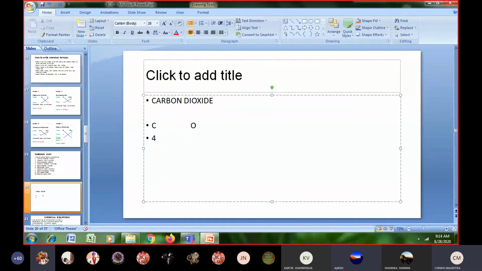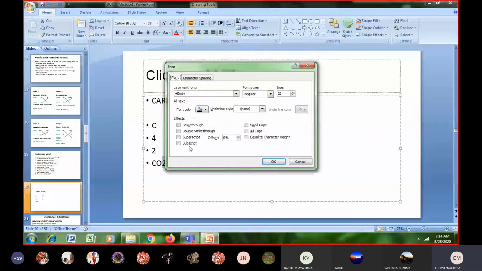It is 2, 4 from the electronic configuration. What is the valency of the oxide ion? 2. Do we have a common factor? Yes, 2. So we divide by 2, and we get 1 for carbon and 1 for oxygen. Then we crisscross, and after crisscross we get CO2. This is how you can do it for carbon dioxide.